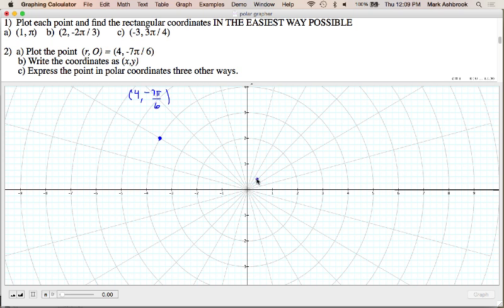So the angle 5 pi over 6, and 4. How about another way? Negative pi over 6 would take you here, and then negative 4. What do you guys think about that?